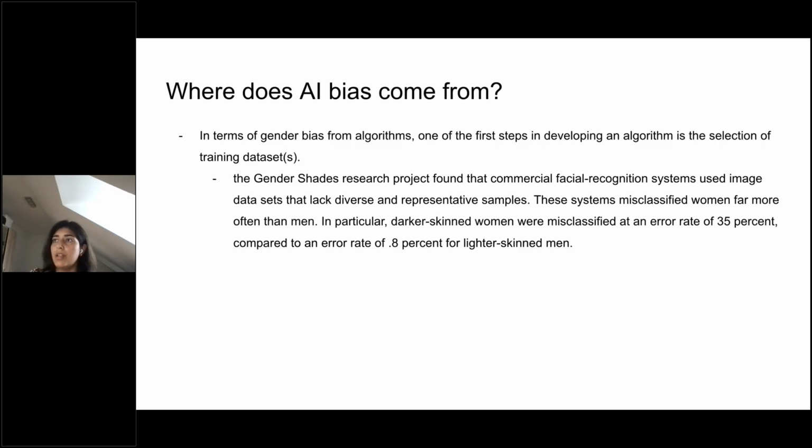And if the data set already lacked diverse and representative samples, it might say, because of, let's say, your darker skin tone, and being a woman, if your sample was less, it is misclassifying at an error rate of 35%, for example, compared to an error rate of 0.8% for lighter skinned men. So it's very risky because then maybe the app is not telling the truth, and it can be health-wise also not fair.